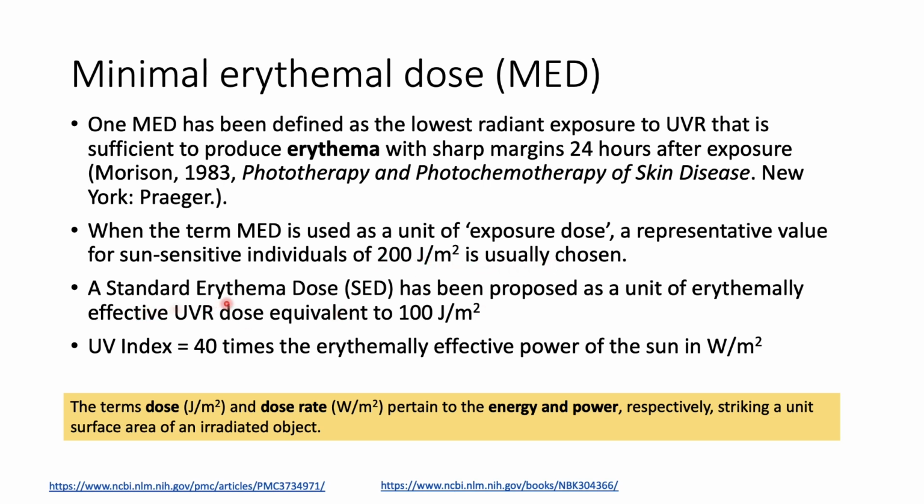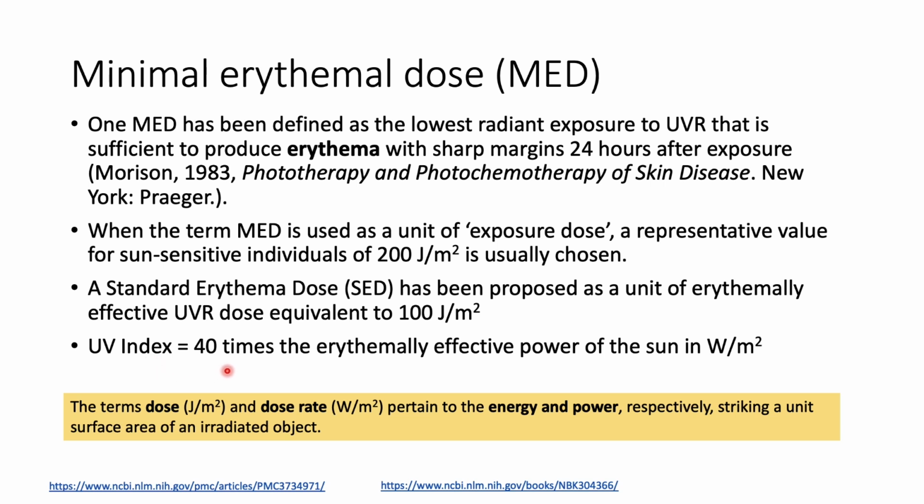A standard erythema dose has been proposed as a unit of erythemally effective UV radiation dose, equivalent to 100 joules per meter square. Basically, the UV index which we generally use, like today's UV index is 10, 20, 30, 40, is calculated from 40 times the erythemally effective power of the sun in watts per meter square.